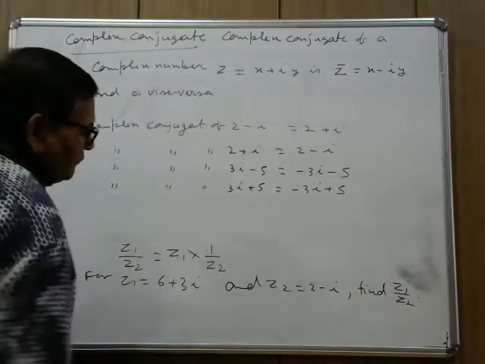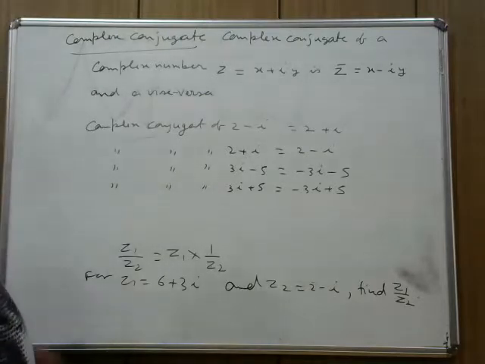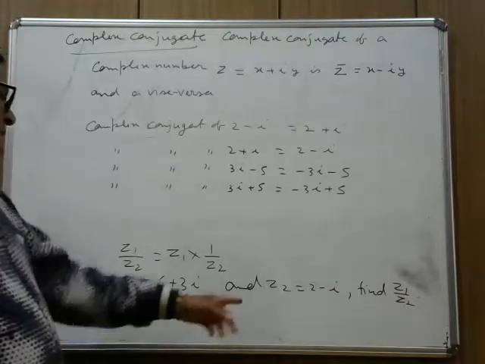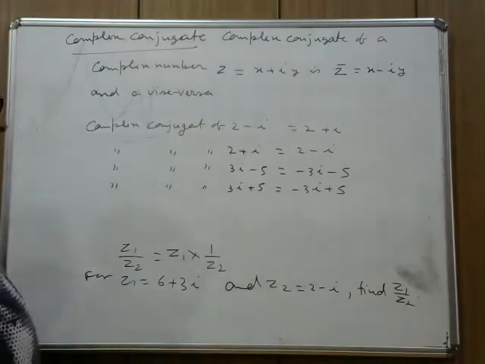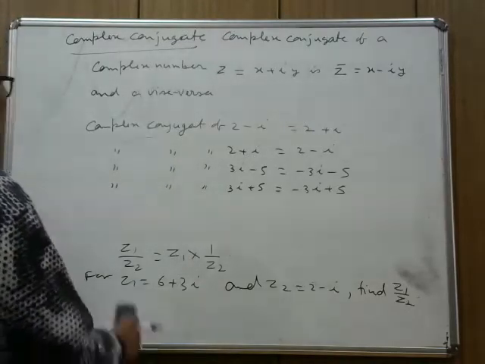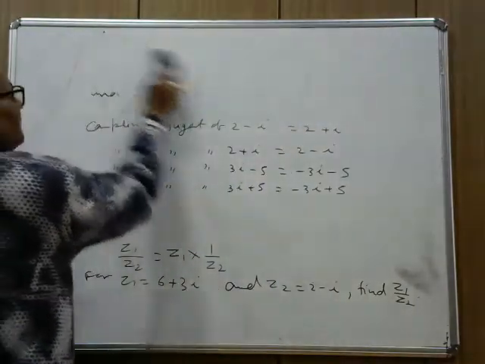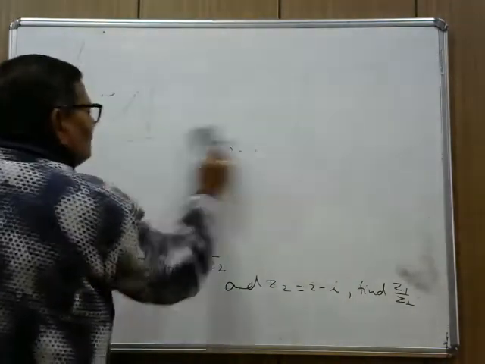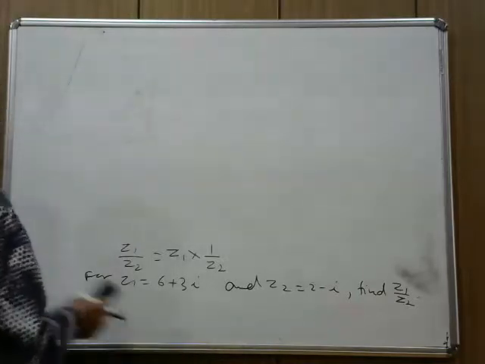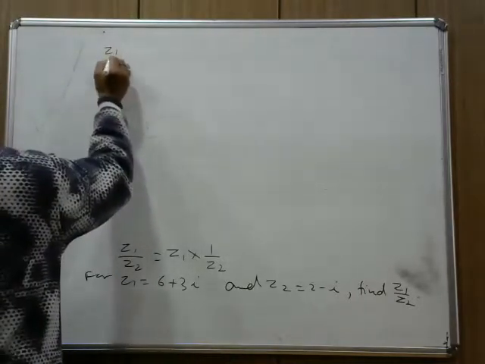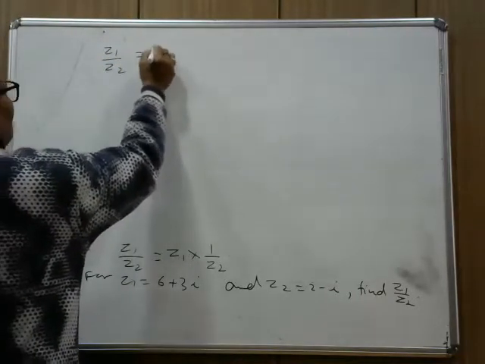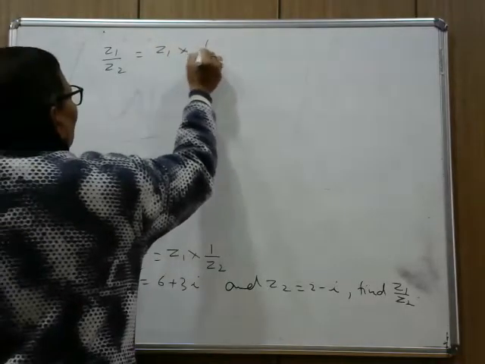So now you have to divide the complex number z1 equal to 6 plus 3i by z2 equal to 2 minus i. You find that division z1 divided by z2. This is the question. z1 divided by z2 equals z1 multiplied by 1 upon z2.